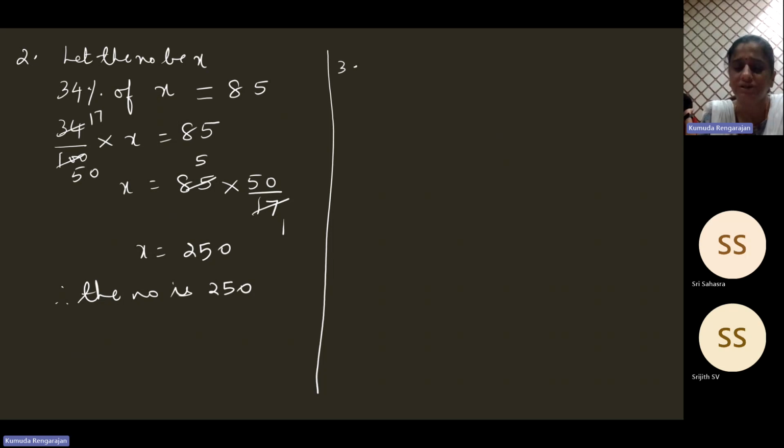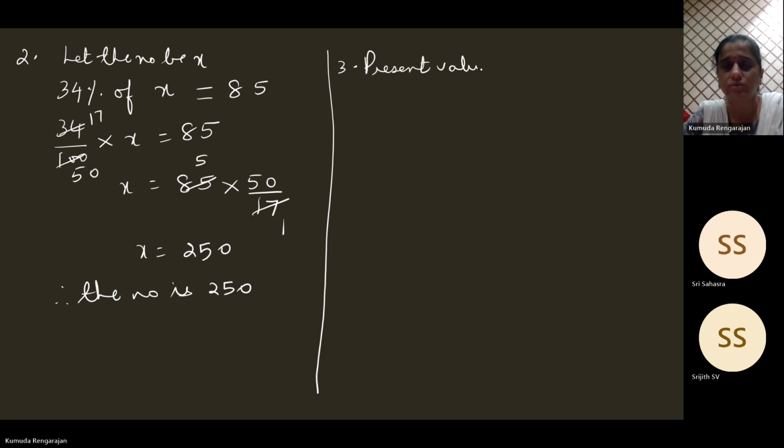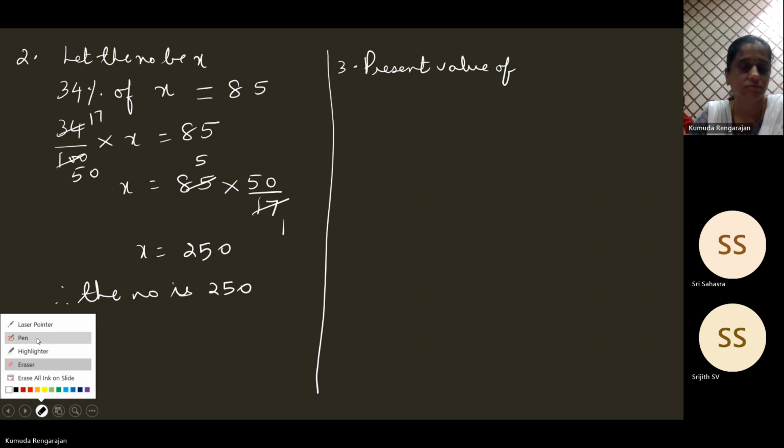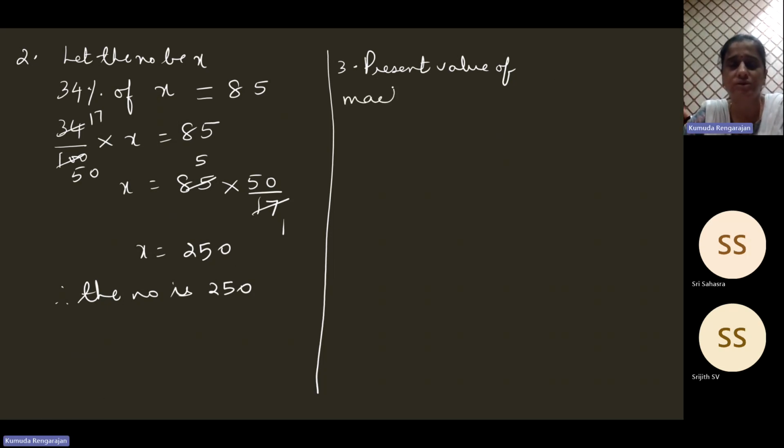The value of a machine depreciates every year by 10%. If the present value of the machine is 54,000, what was its value last year? Okay. So present value of the machine is equal to rupees 54,000.